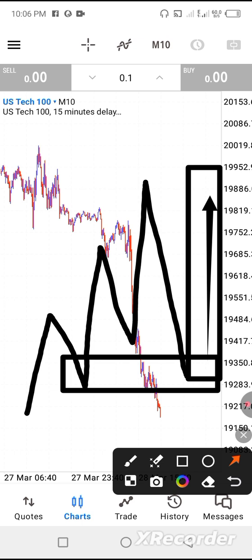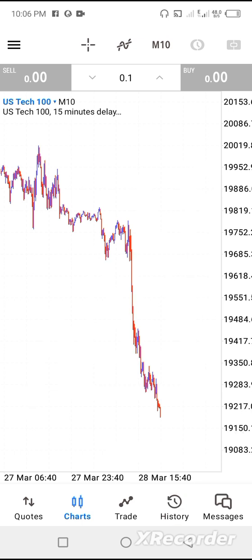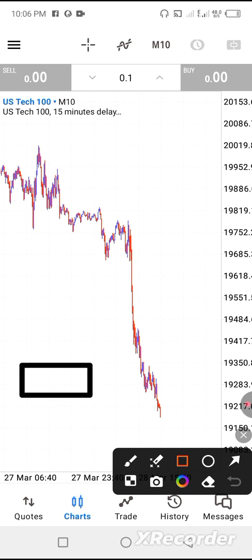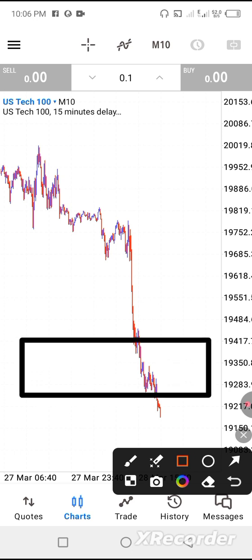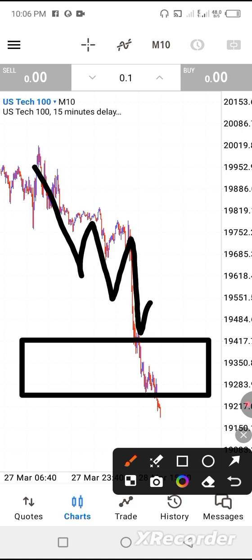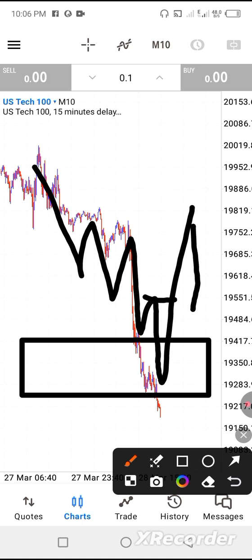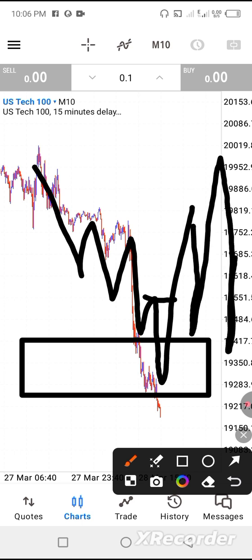And when price comes here in the lower time frame, comes to your POI, price is coming like this, and then price comes here. Price will take out this high and then come back, create liquidity, go back, come back, and then take your buy from this area. Hope you are getting the point.